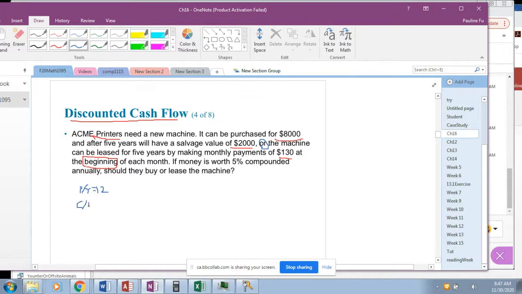CY equals 1 because interest is compounded annually. And your calculator needs to be in BGN mode. And then N equals 5 years times 12.